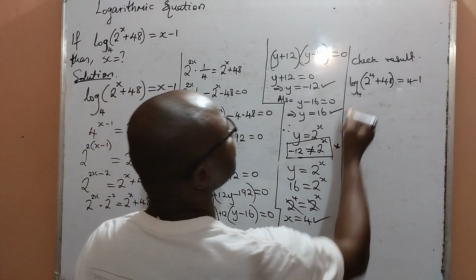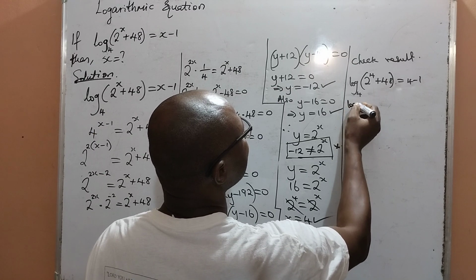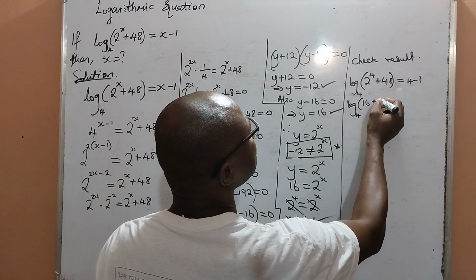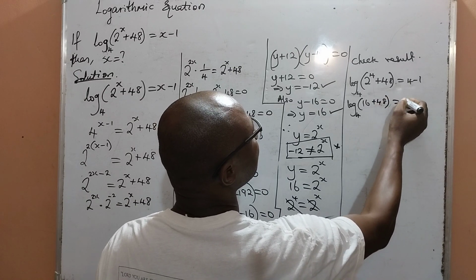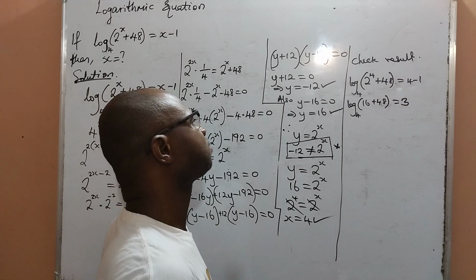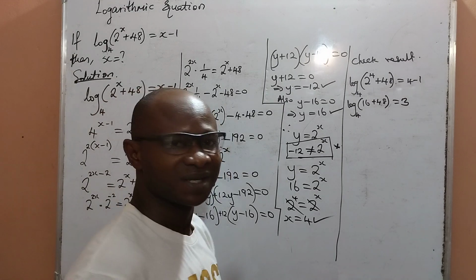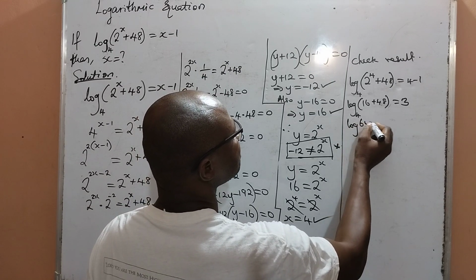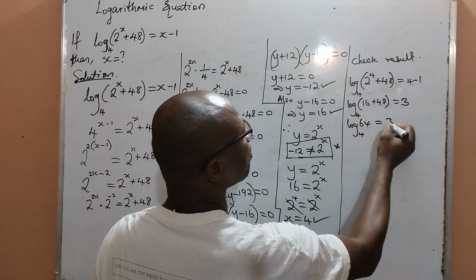And that implies that I can have here the logarithm of 16 to base 4, okay, plus 48 equal to 3, that is 4 minus 1. But 16 plus 48 is 64. That means the log of 64 to the base 4, is it equal to 3?